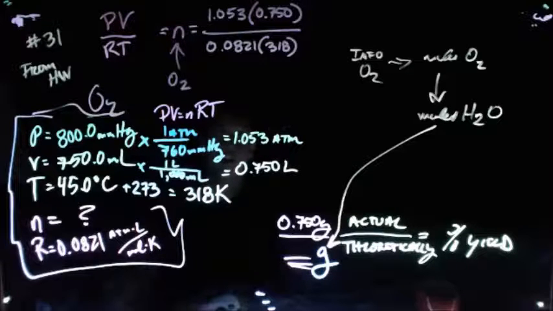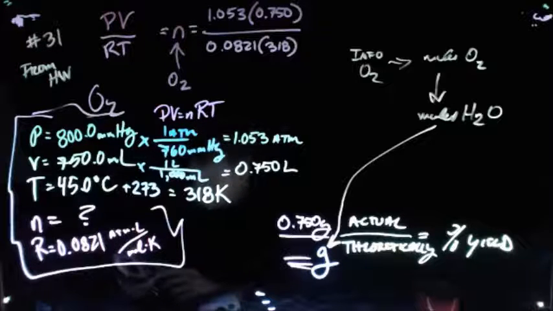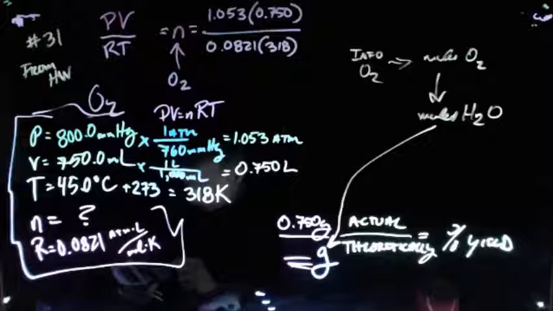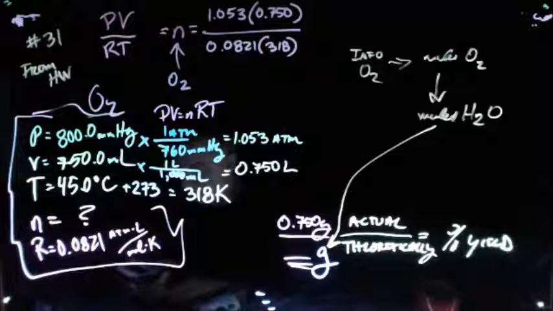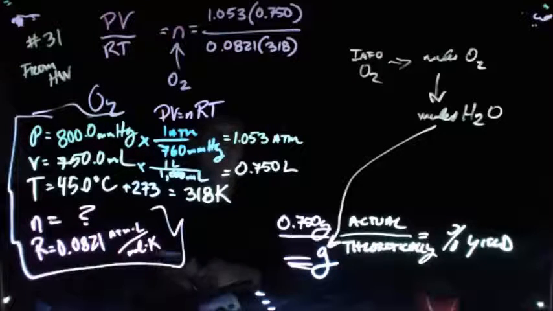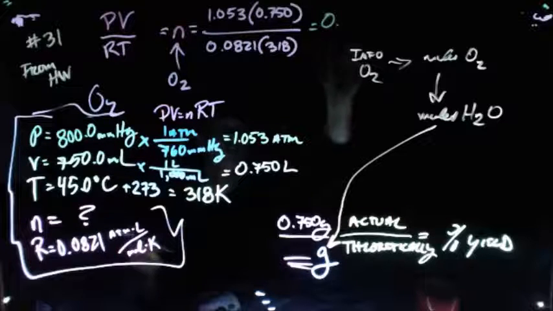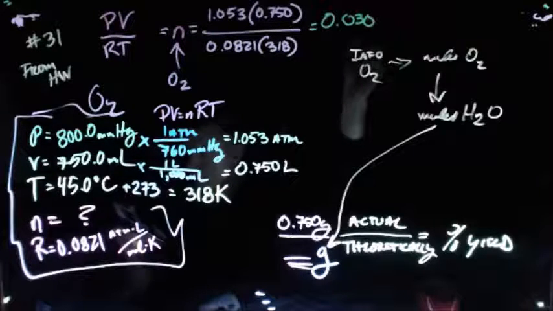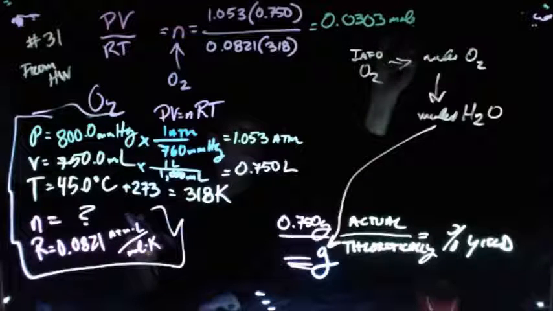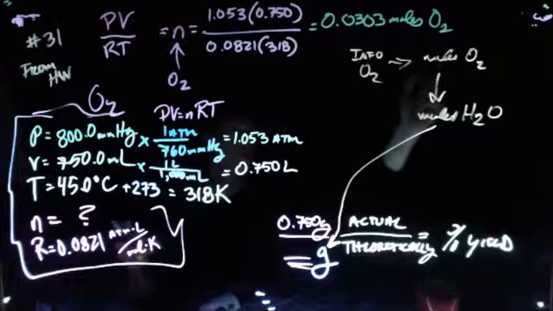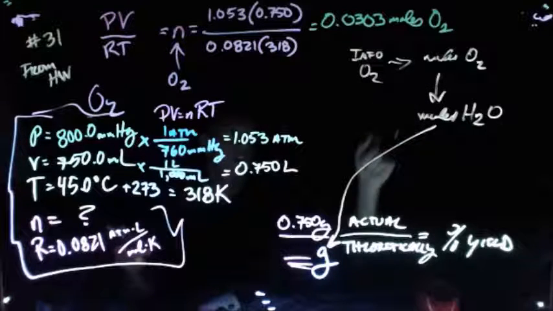So then we can plug that in our calculator: 1.053 times 0.750 divided by 0.0821 times 318. And we get 0.0303 moles of O2.